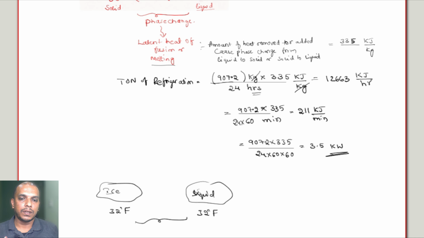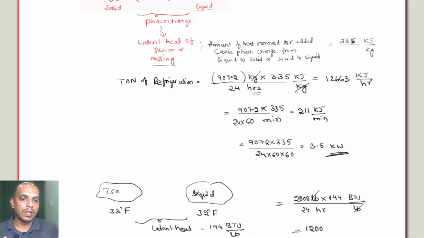The latent heat of fusion in BTU per pound is 144 BTU per pound. Therefore, the same thing we will do: the mass which we have considered is 2000 pounds, and latent heat of fusion is 144 BTU per pound, and we are doing this in 24 hours. The pounds and pounds go off, giving 12,000 BTU per hour.